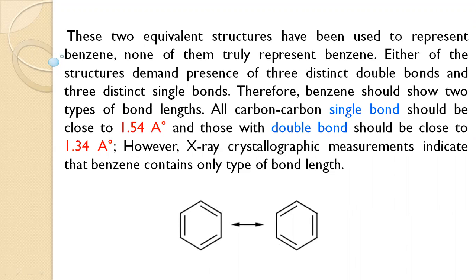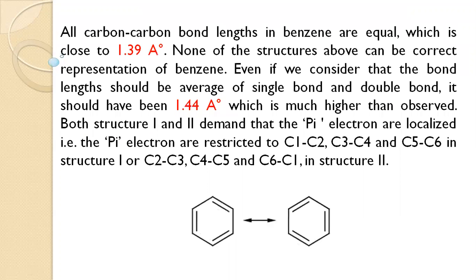However, X-ray crystallography measurements indicate that benzene contains only one type of bond length. What is expected? They must show 2 types of bond length, single bond length and double bond length. But by X-ray crystallography, what you observe here is only one type of bond length.